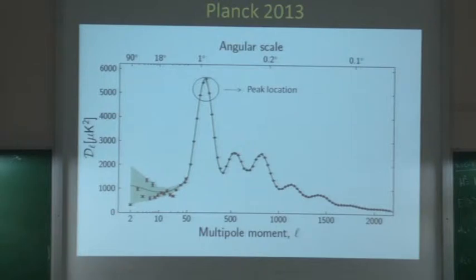The angle will be smaller means this l, as I said, is 180 by theta. So a small angle means l is higher, or a higher angle means l is smaller. So if you have more dark energy domination, this peak will shift this way, or if there is less dark energy or no dark energy, the peak will shift this way. Okay.